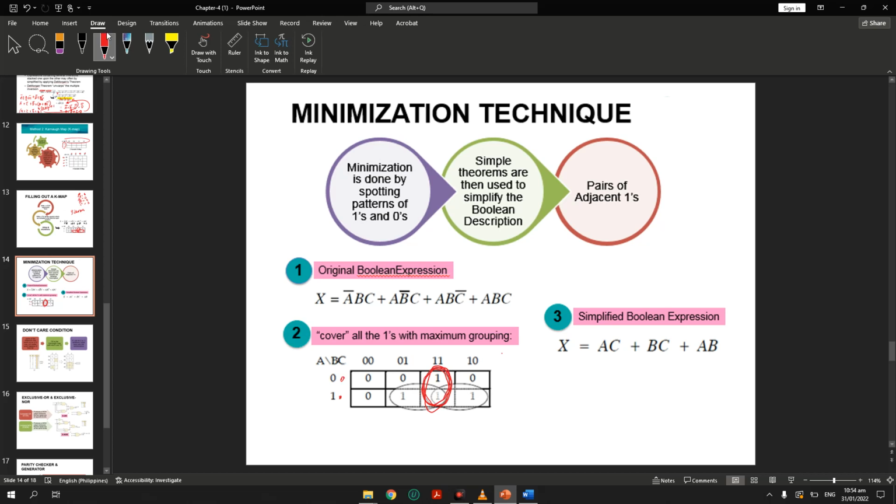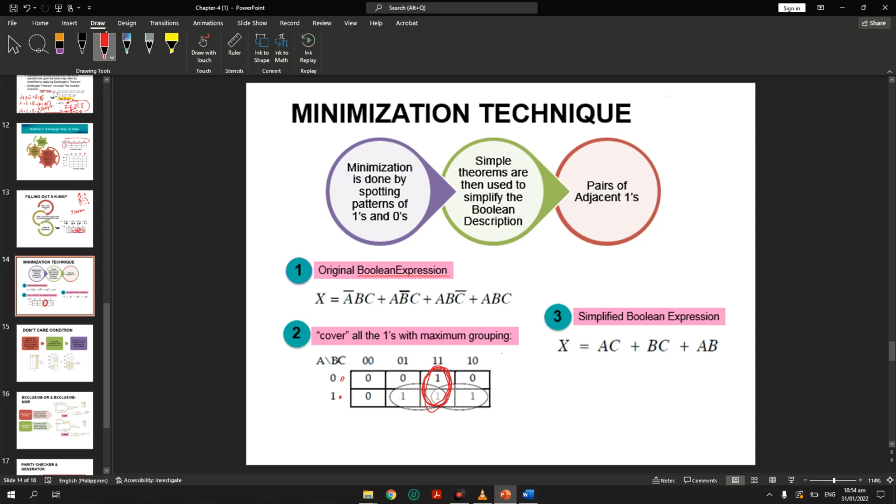So there is a change in the value of A. If there is a change in the value of a variable, we do not include that in the simplified term. How about the B and the C? What is the B of this group?